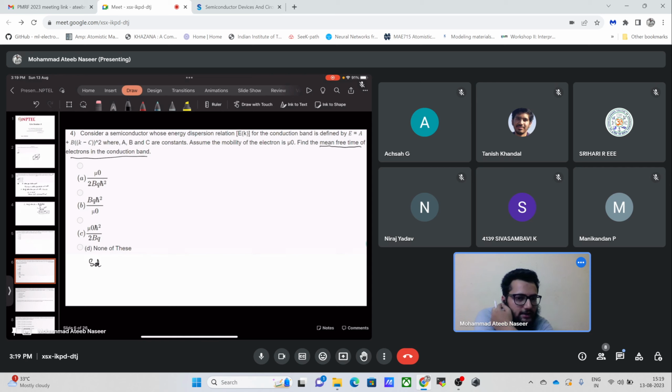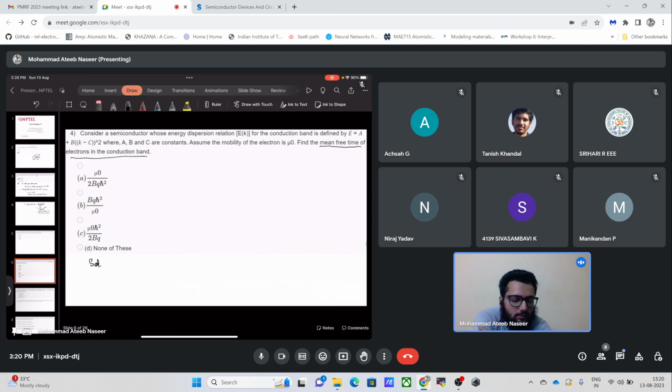One electron collides with another electron in, let's say, 10 nanoseconds, while another collides with the same electron in 1 nanosecond. So overall, we are taking the mean of all the collisions.